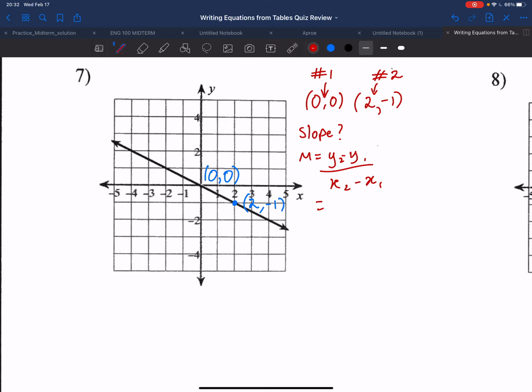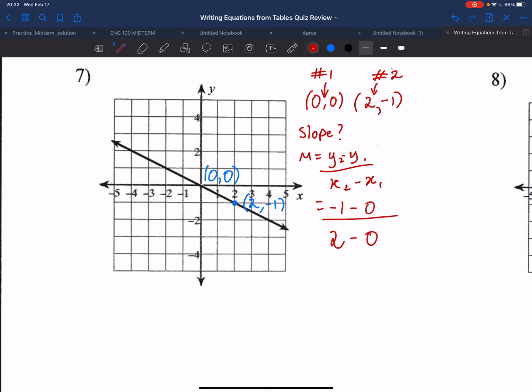So y2 would be -1. Follow along if you're following along. Minus y1. Y1 is here, so that's 0. Over, so x2 would be 2 right there. Minus x1, which is right here.